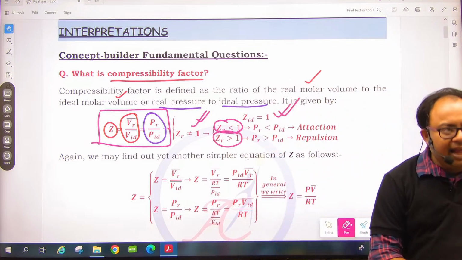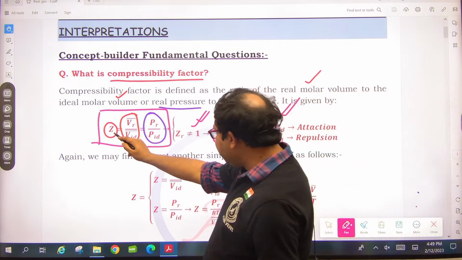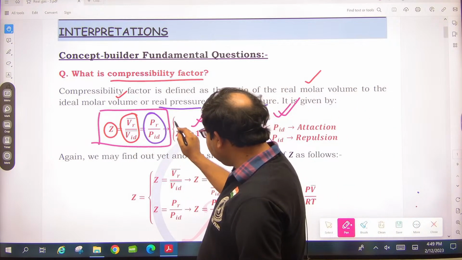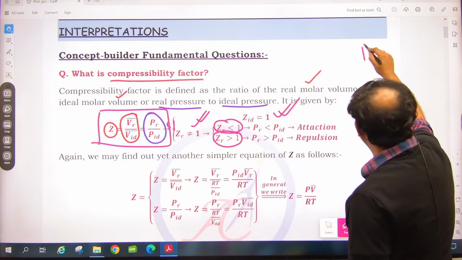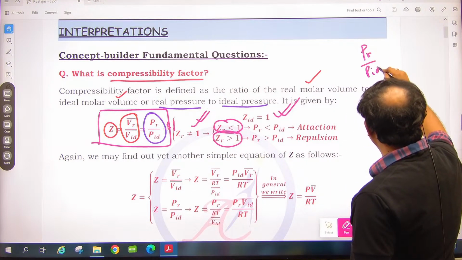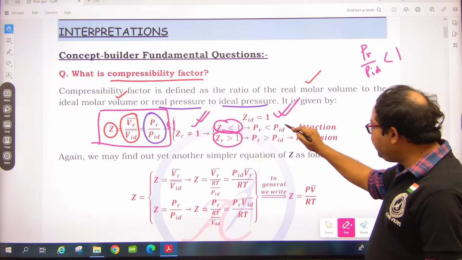If Z real is less than 1, then what happens? Then P R by P ideal becomes less than 1. That means P R is less than P ideal.